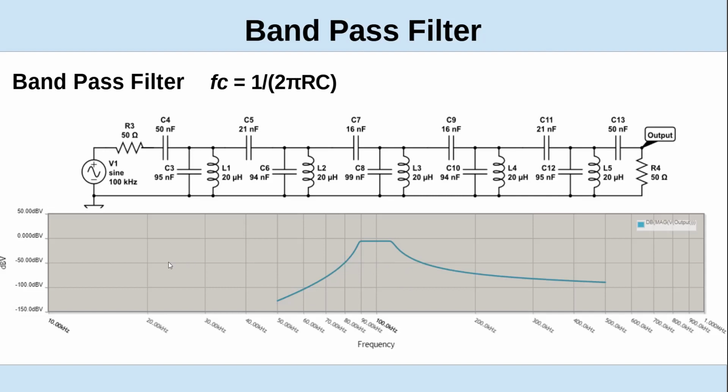We never got 50 dB on the other plots, but it takes a lot of components. And you can go up, I've seen 11th order. And what's the loss on the fifth order? Well, actually, I don't know.